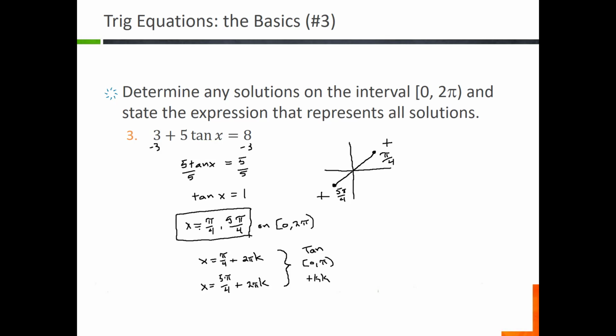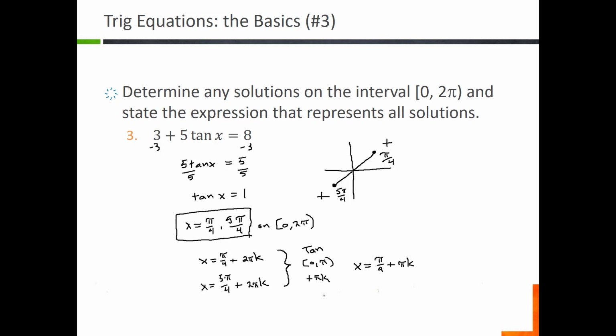So for the 2 answers that we had, pi over 4 and 5 pi over 4, we only need to keep pi over 4. We only need to keep the first one because that's the only one of the 2 that's between 0 and pi. 5 pi over 4 is bigger than pi. So we could express so far this as x is equal to just pi over 4. And then the second part is, instead of doing plus 2 pi k, we're just going to add in a plus pi k.